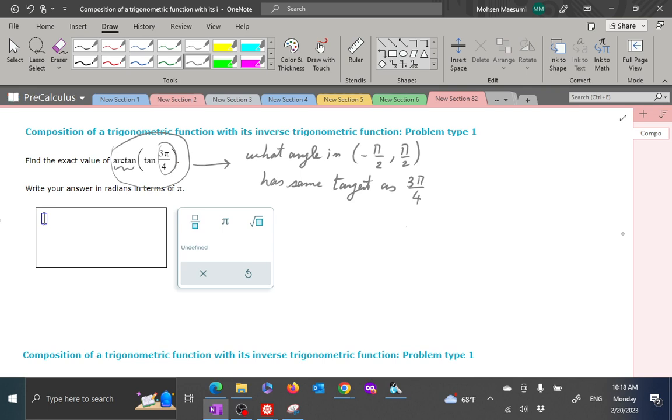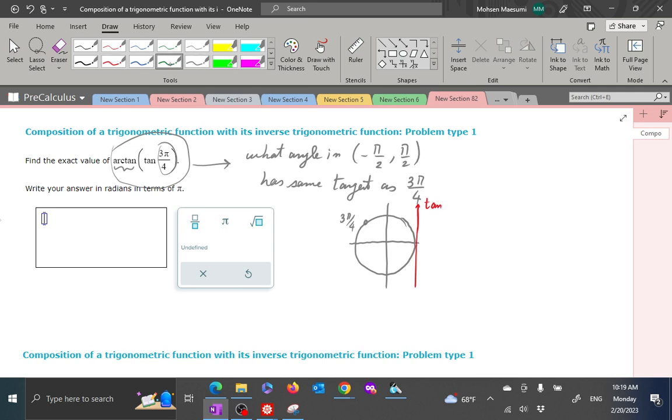Let's go ahead and locate where 3 pi over 4 is. This is 3 pi over 4. What can we do to quickly see the tangent of an angle? We said to quickly see the tangent of an angle, draw this so-called tangent axis.